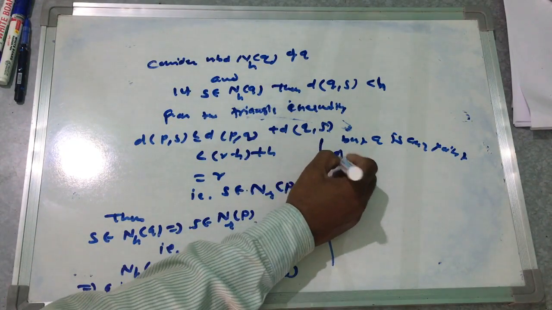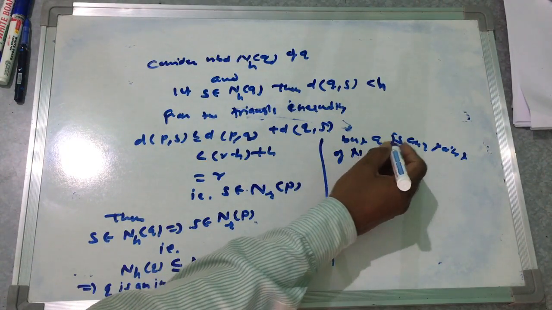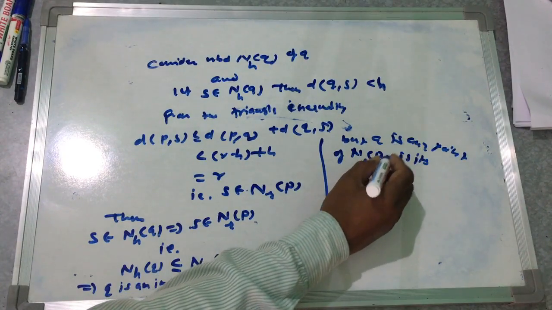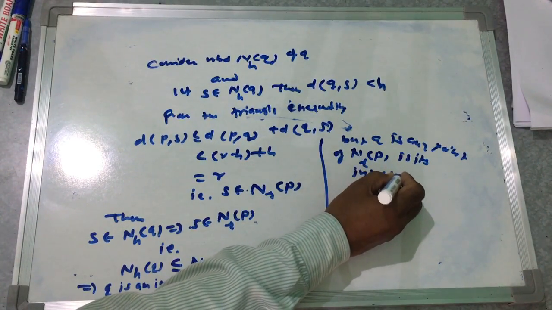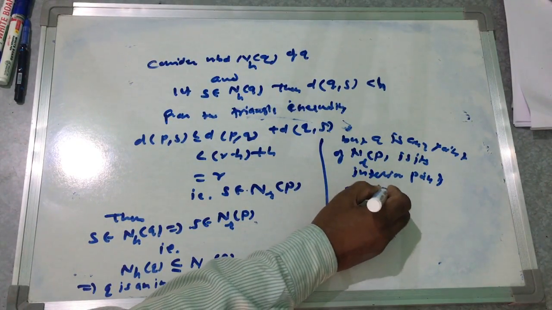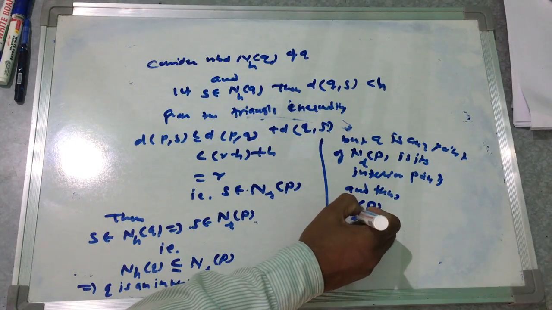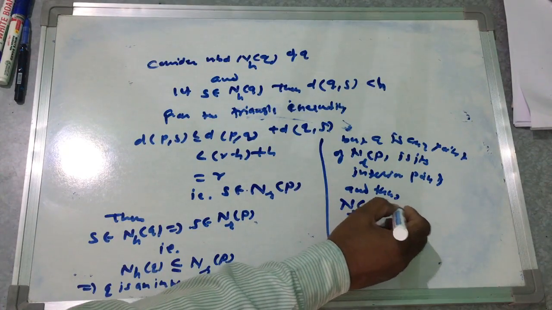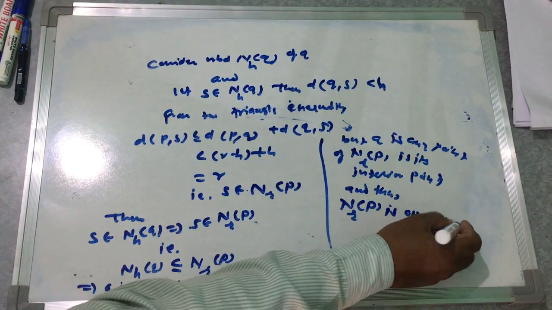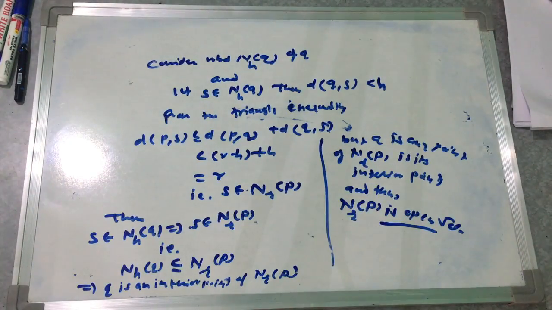Q is any point of N_r(p) and is its interior point, and thus N_r(p) is an open set. This is the proof for this. Every neighborhood is an open set. Understand this?